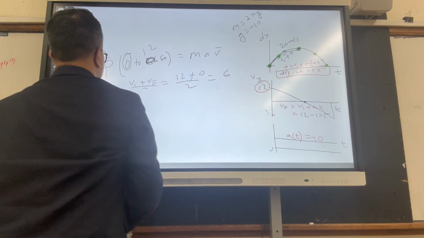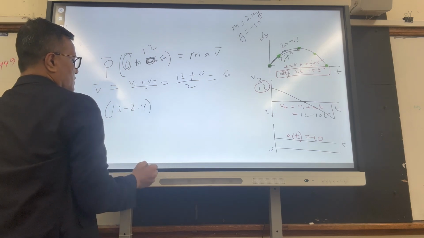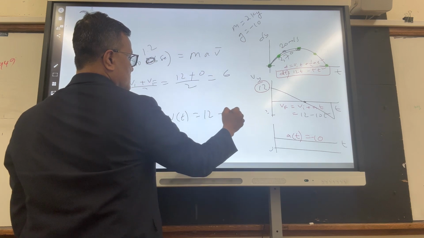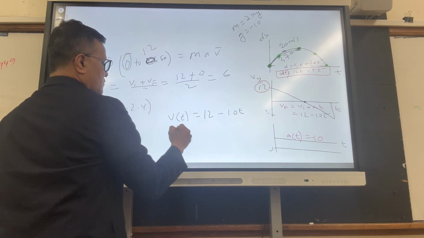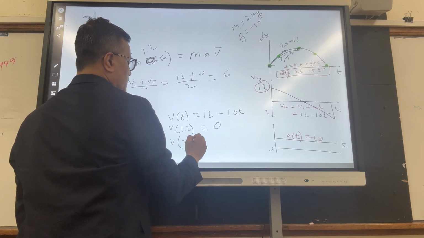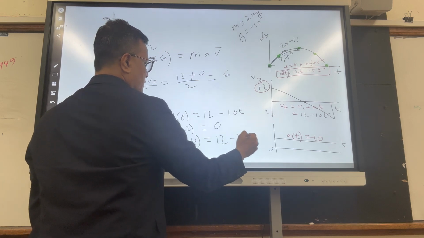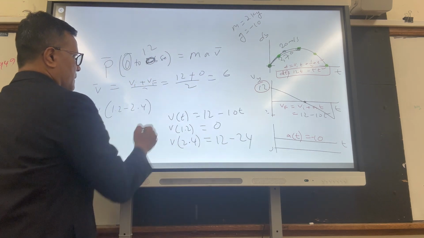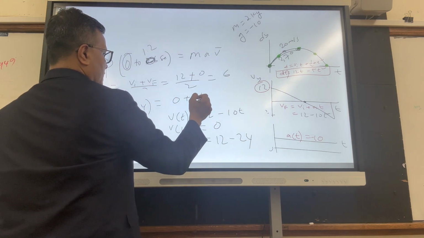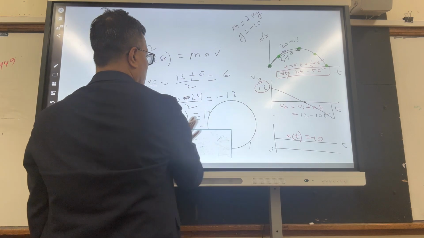Average velocity from 1.2 to 2.4. V of t is equal to 12 minus 10t. So V of 1.2 is equal to 0, and V of 2.4 is equal to 12 minus 24, so negative 12. So Vi is 0, negative 12 divided by 2, so it's negative 6.